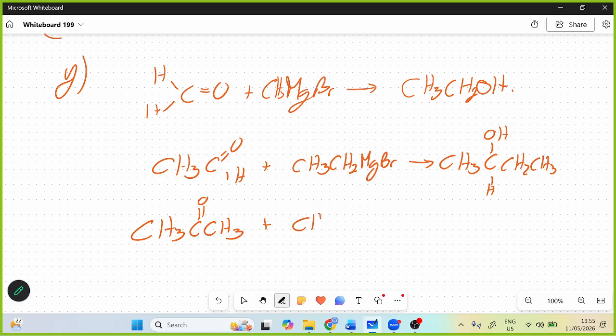So propanone will always give a tertiary alcohol. Methanal is the only one that gives a primary, okay? And any aldehyde apart from methanal will give a secondary.